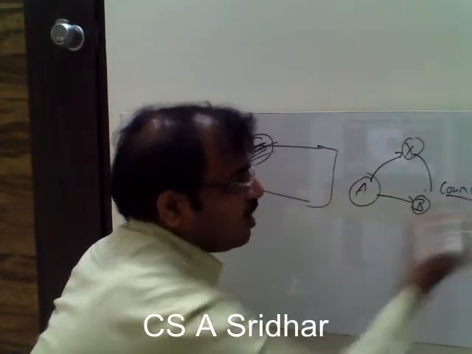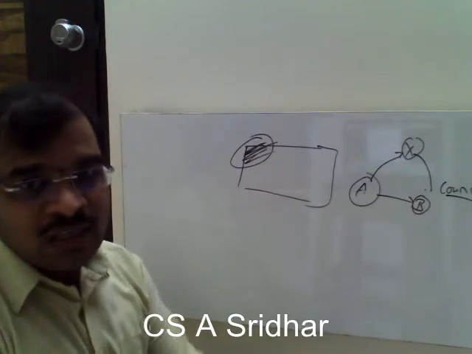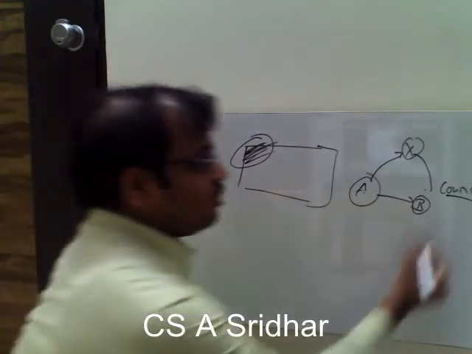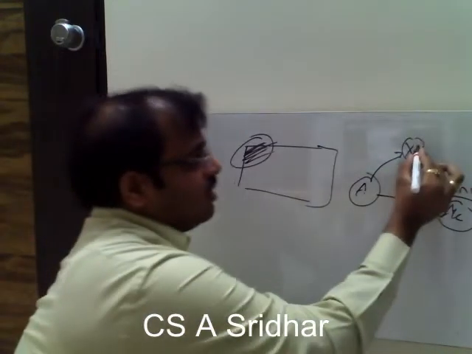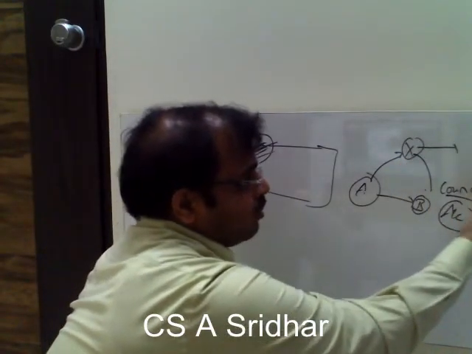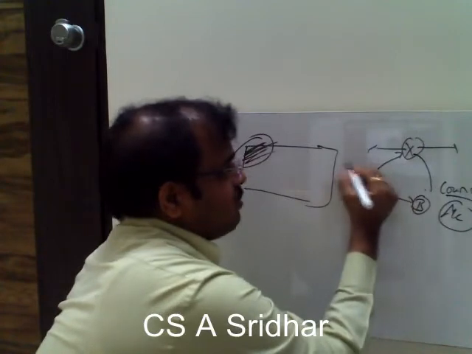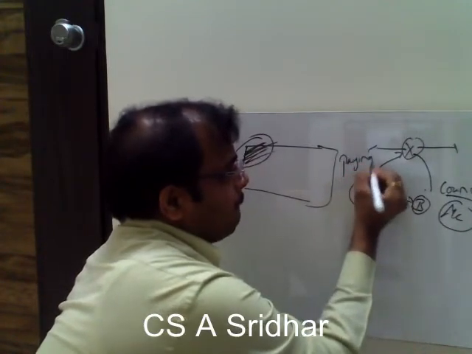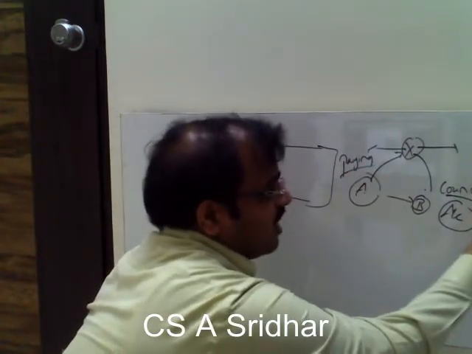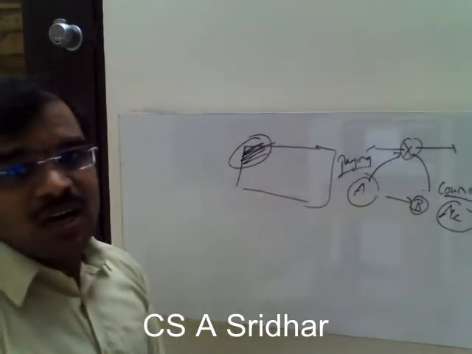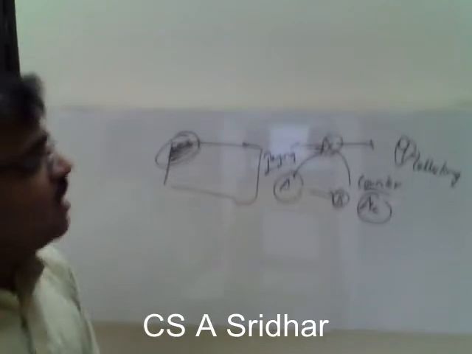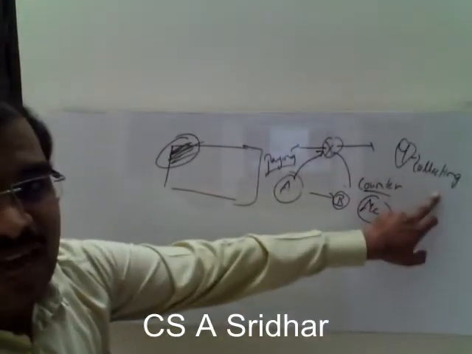That means it cannot give cash in hand. B should have an account, or someone should have an account, and the cheque has to be routed through another bank. Here it is the paying bank, and there it is the collecting bank. So whenever you give a cheque like that, it has to be routed to the collecting banker only.